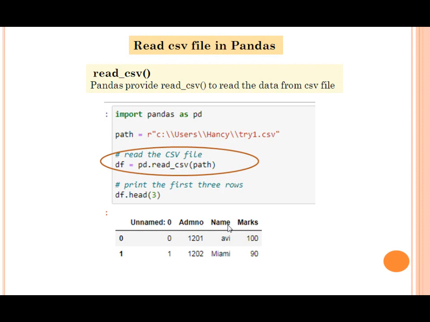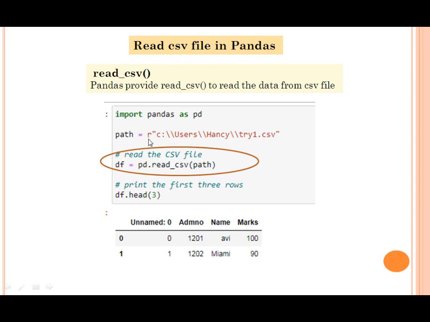Next is reading CSV file in Pandas. So to read the CSV file in Pandas, I have read_csv. It will read the content from the CSV file and display it on the screen. See, import pandas as pd, path equals to, I have written the path, but here you are reading the file, no? So you have to put this r here. You see this r? r stands for reading the content.